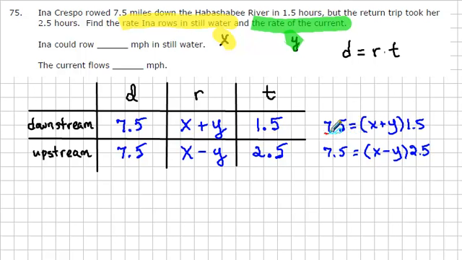For the first equation, we're dividing both sides by 1.5. 7.5 divided by 1.5 is equal to 5. So the first equation becomes 5 is equal to x plus y.